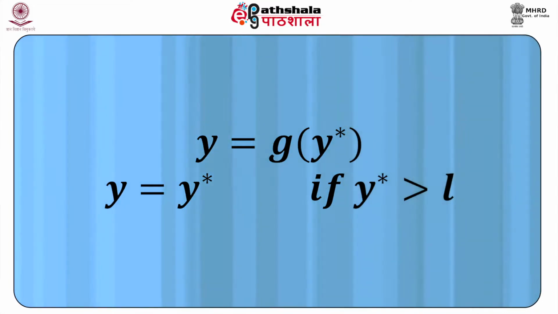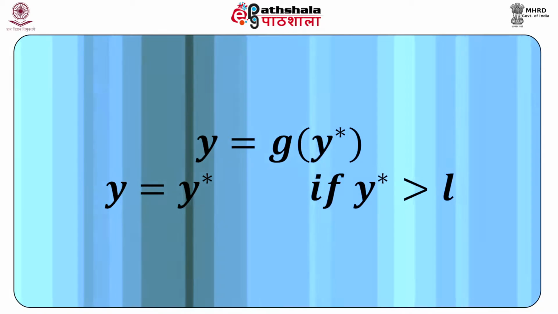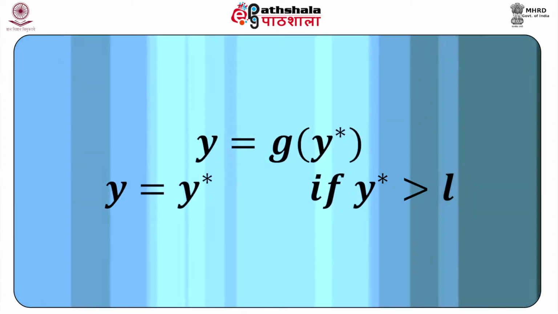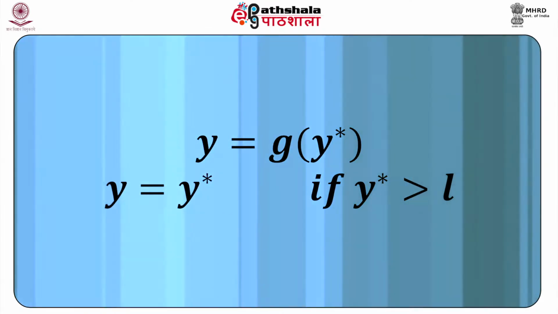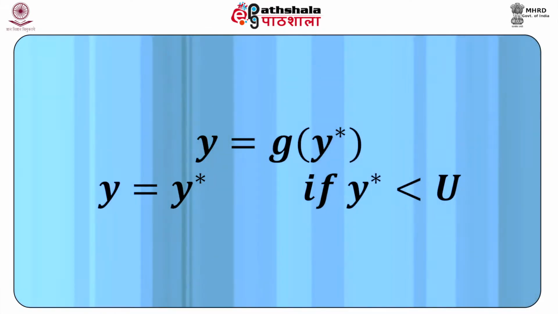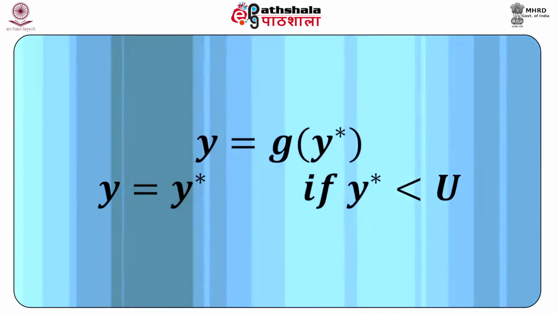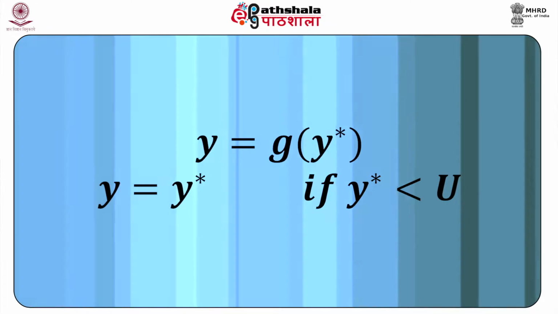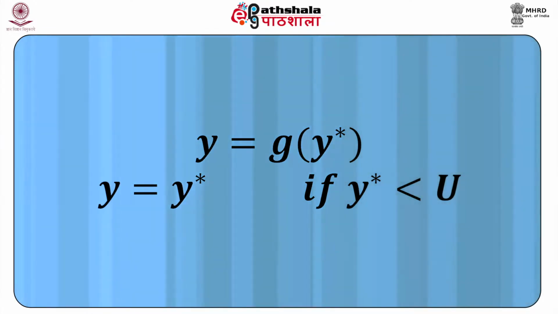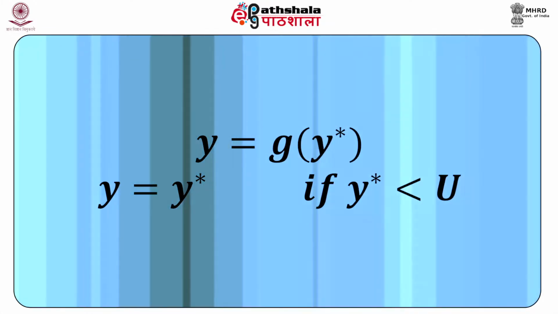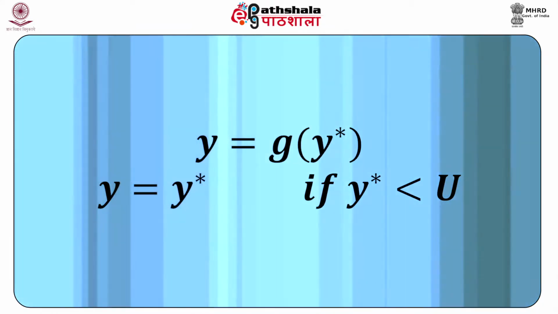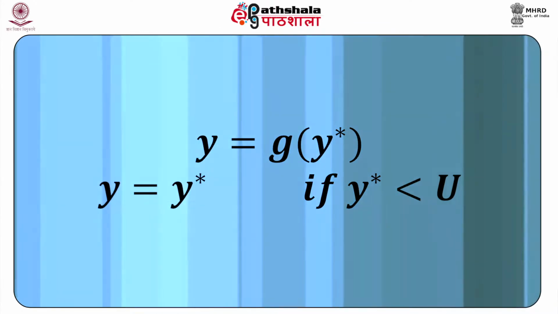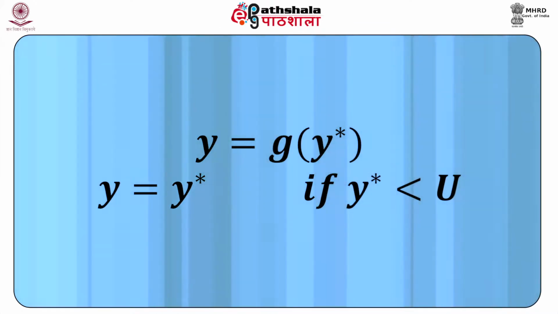We express this as y is a function of y star, where y is equal to y star if y star is greater than L. If we don't observe sample elements beyond a certain given value, this is known as truncation from the right or from above, and we can write y as a function of y star, where y is equal to y star if y star is less than u.